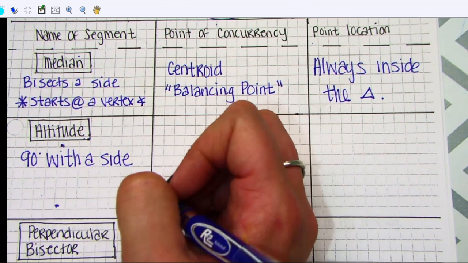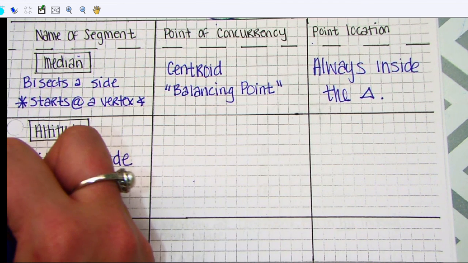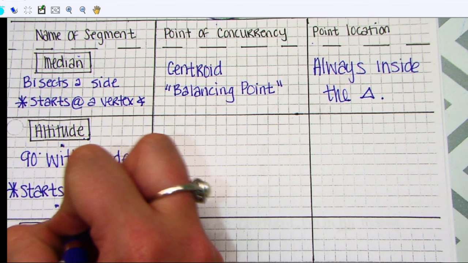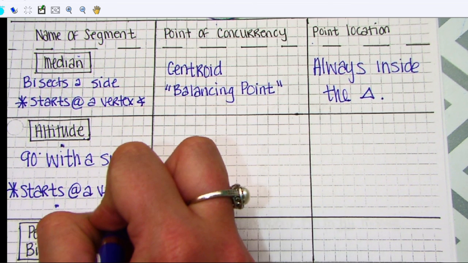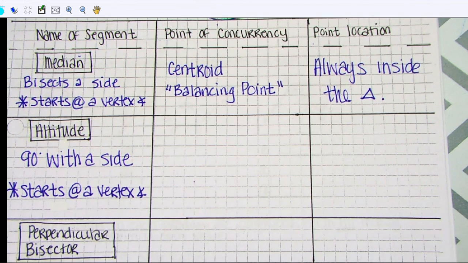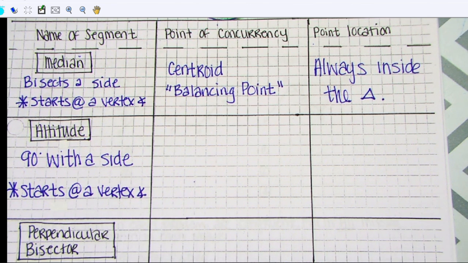And an altitude must also always start at a vertex angle. So anytime you're dealing with an altitude, it's going to make 90 degrees with the side. It will always start at one of the vertex angles of the triangle, like A, B, or C.